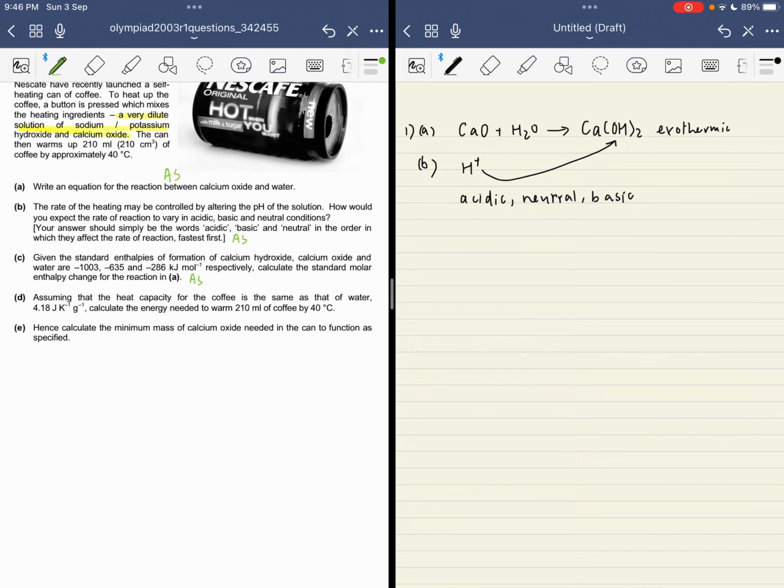It involves you drawing some Hess's law diagram and calculating the standard molar enthalpy change using the standard enthalpies of formation of the reactants and products.